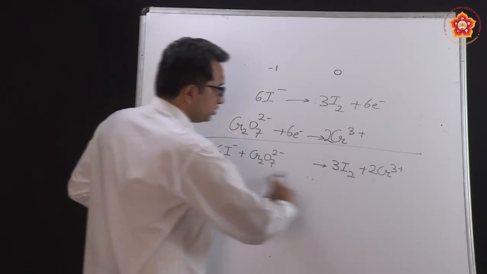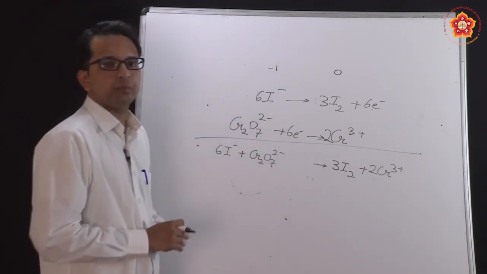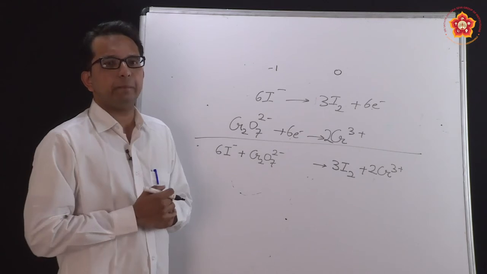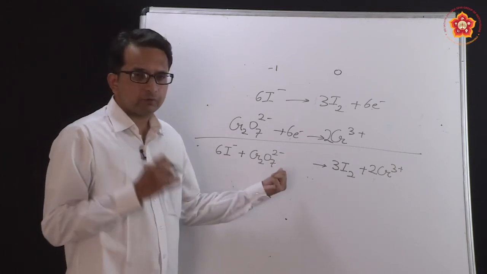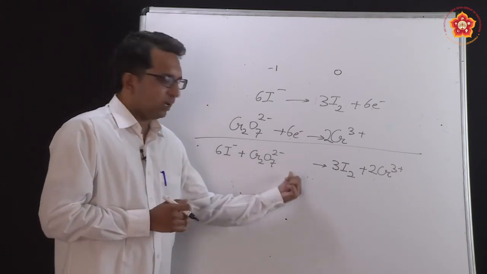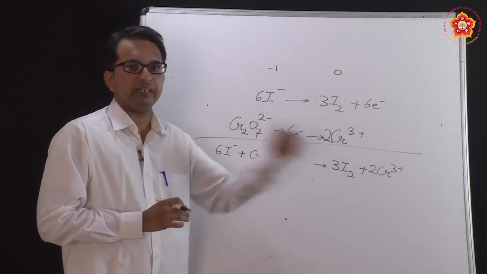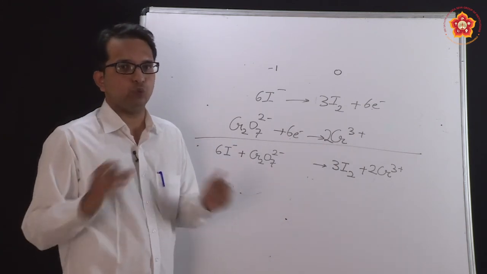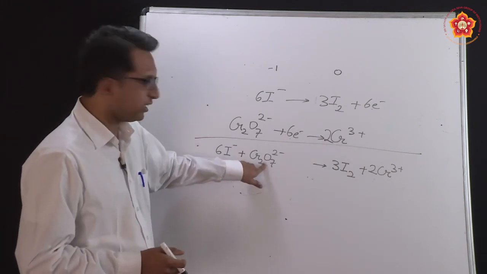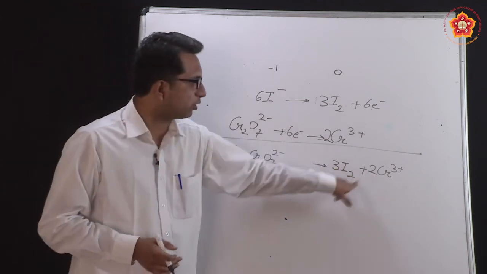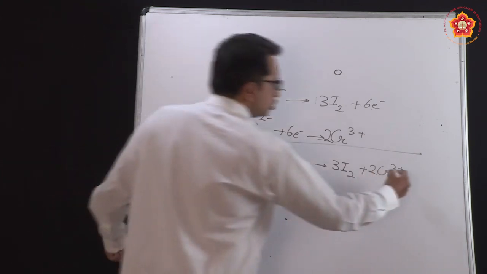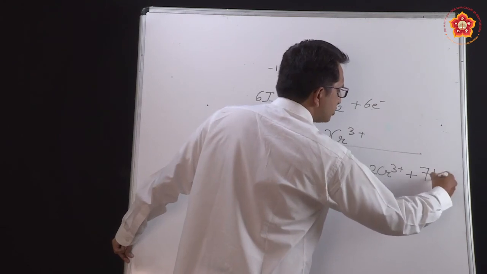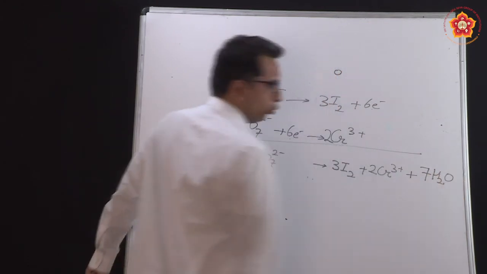Now once you get this, you need to balance these parts. Since it is an acidic medium, we know from the redox reaction chapter that the left side is balanced by H+ and the right side is balanced by H2O. So how many extra oxygens are here? 7 oxygens, and therefore that has to be balanced. So we balance these 7 oxygens by 7 H2O.